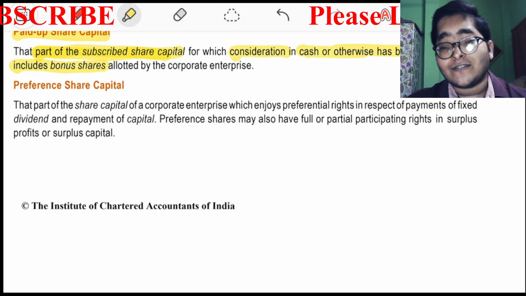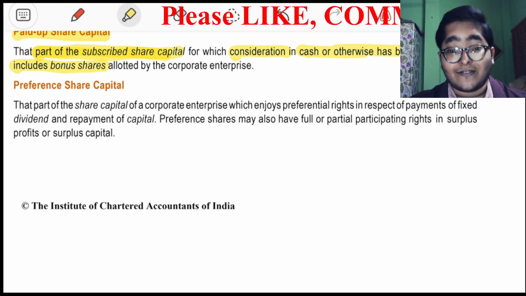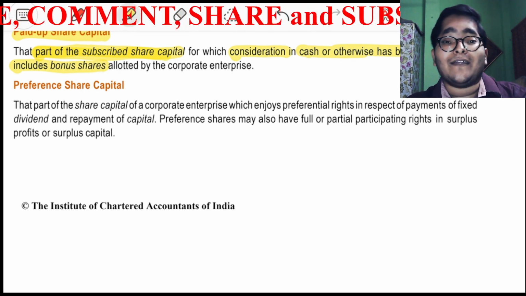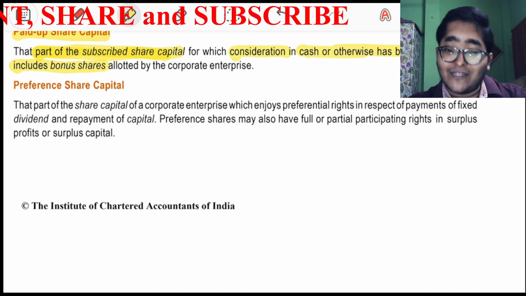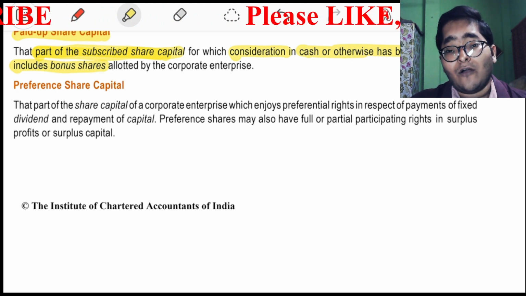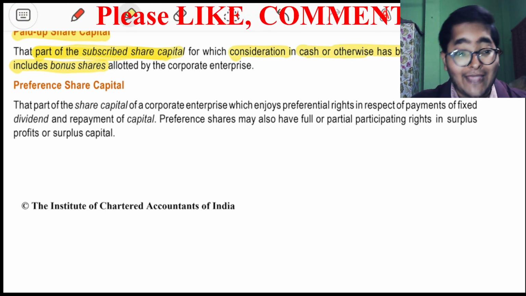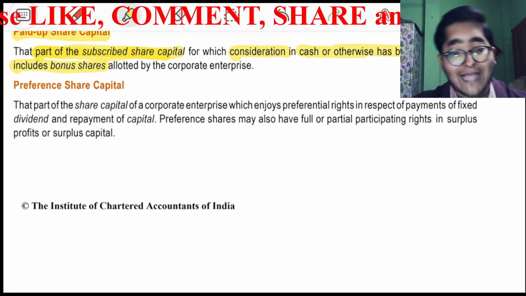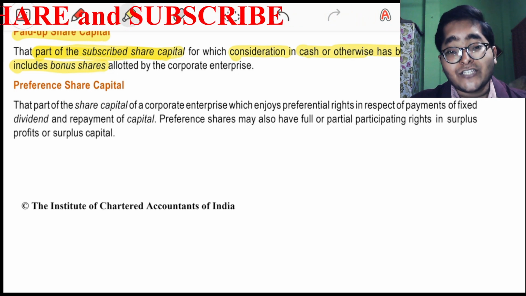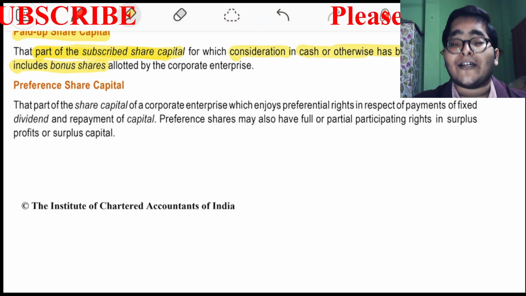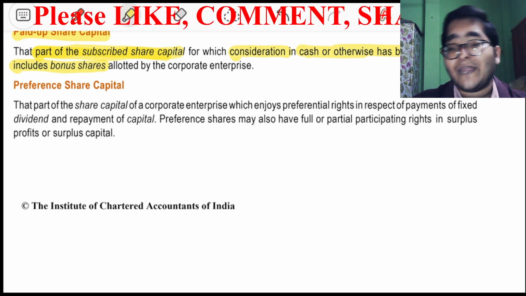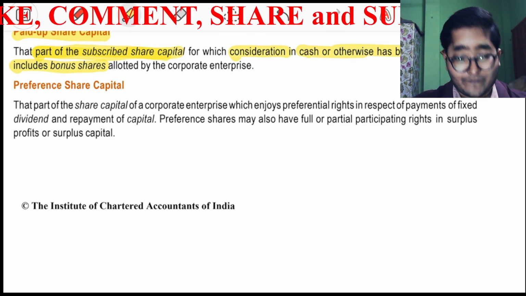What are preference shares? Preference shares are the shares which carry preferential rights for the repayment of capital and payment of fixed dividend. Preference shares may also have full or partial participating rights in surplus profits or surplus capital. If there is any surplus within the company, preference shares might have full or partial rights in participating in the division or appropriation of that surplus profit.